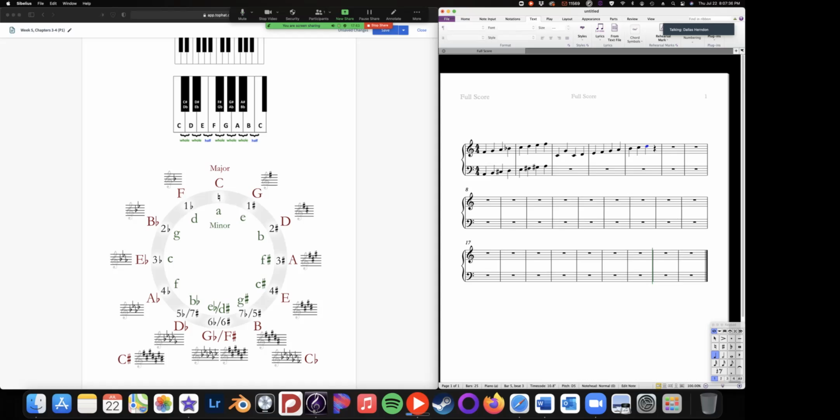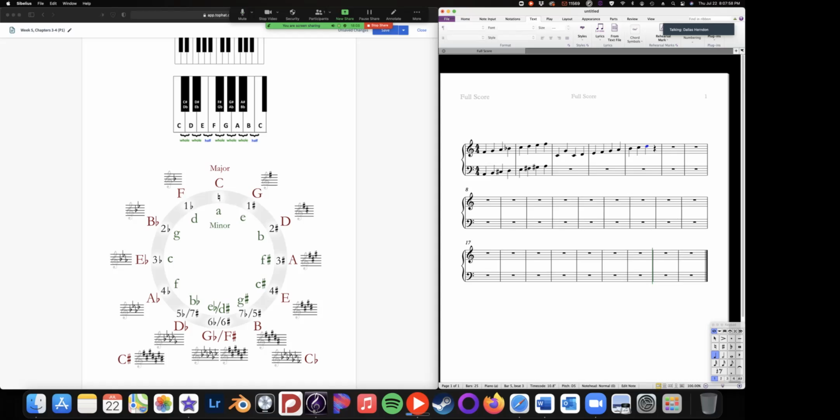So the information we have for C major, you see just the natural symbol. That tells us that we have no sharps or flats in C major. So, it would be what we call an all white key scale because all of the notes in the scale are natural notes. They don't include sharps or flats, okay?